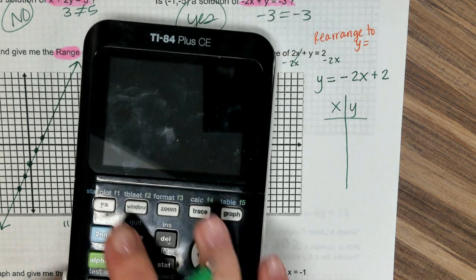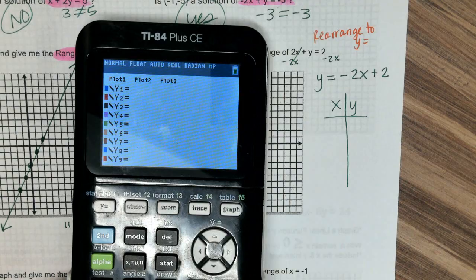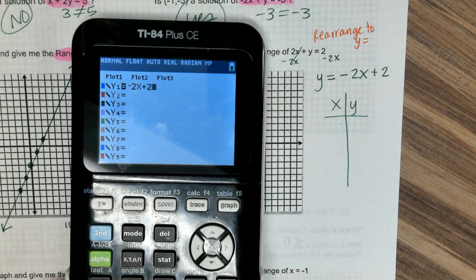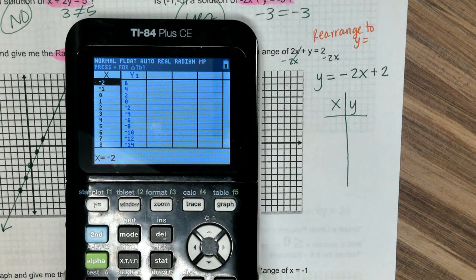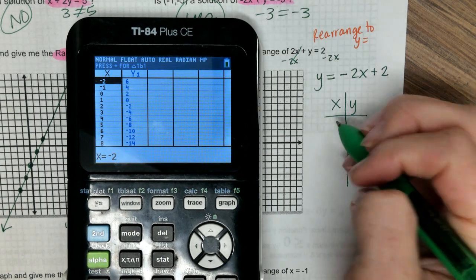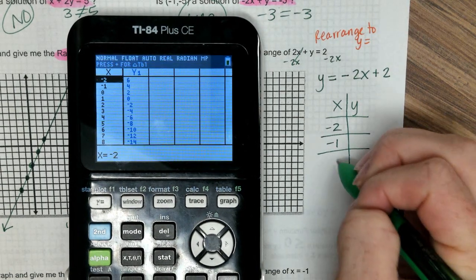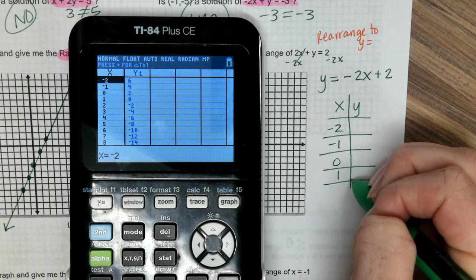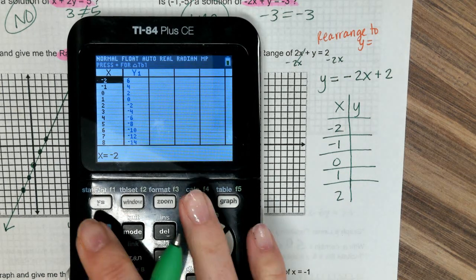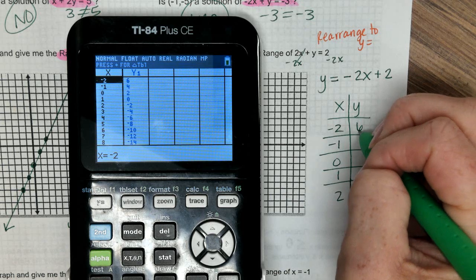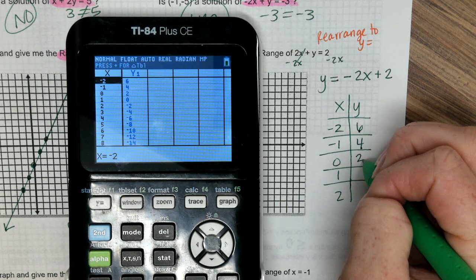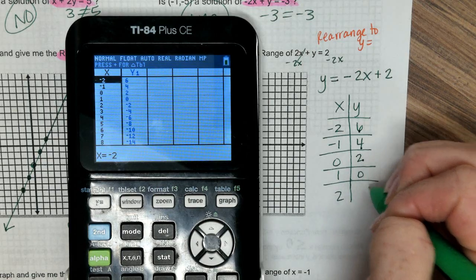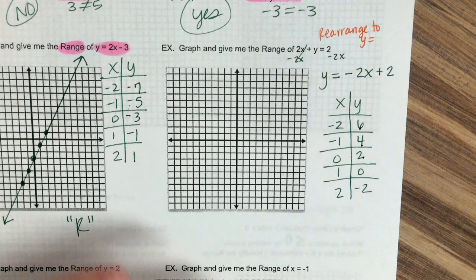So we're going to go to y equals. We're going to type in negative 2x plus 2. We're going to go to our table. And if you want, go from negative 2 to positive 2 again. So negative 2, negative 1, 0, 1, and 2. And then go graph it.